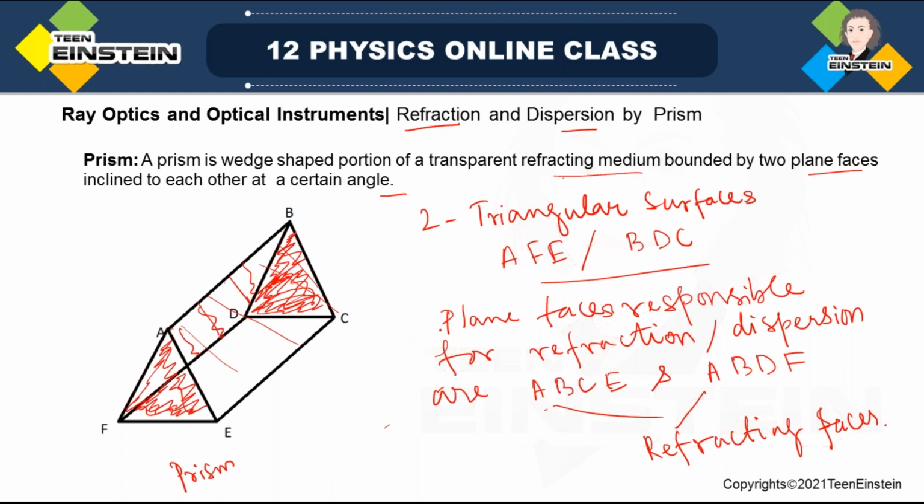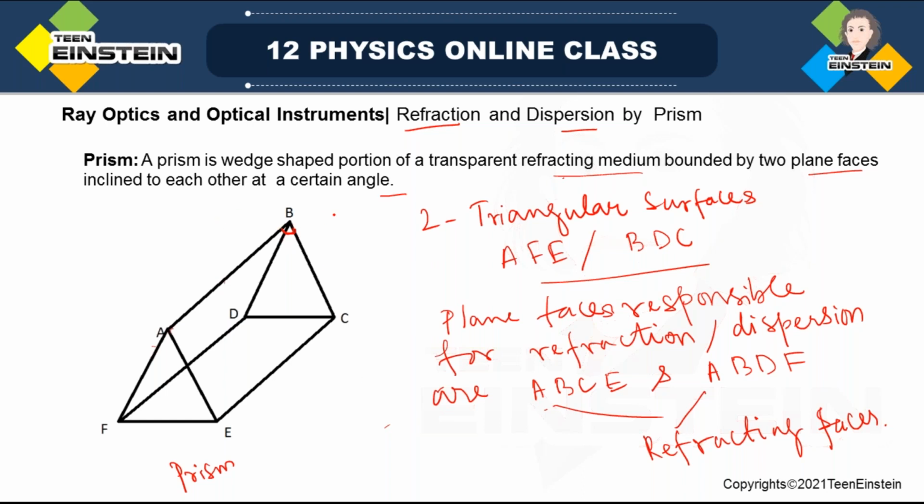Okay. And they are inclined to each other by a certain angle. Look, this is the angle. So these are two plane faces, one is A, B, D, F, and another one is A, B, C, E. These two plane surfaces are inclined at this particular angle.